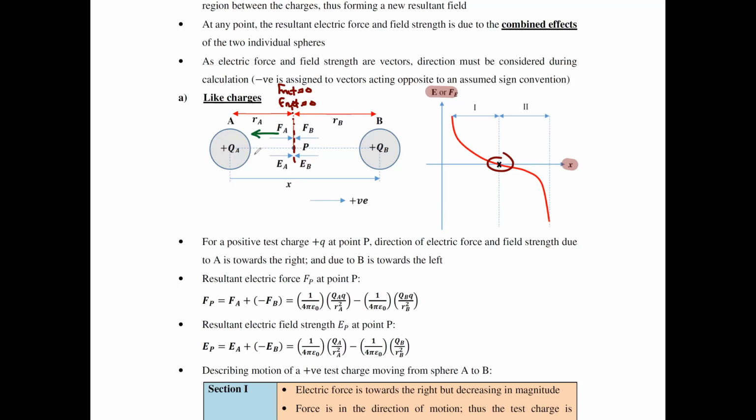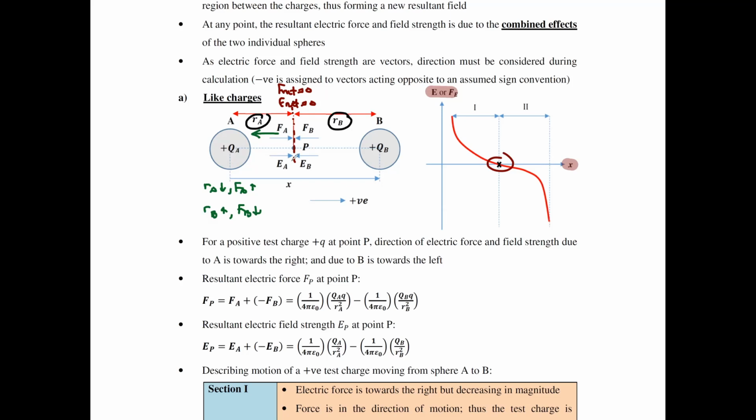If you move a bit more towards the left, your RA would start to drop, your FA will start to increase. Your RB on the other hand will start to increase, but your FB will start to drop.